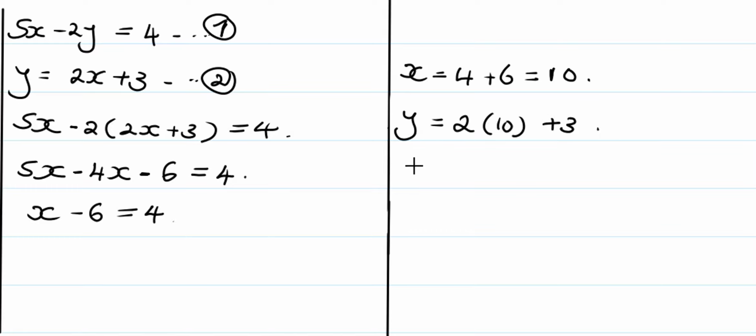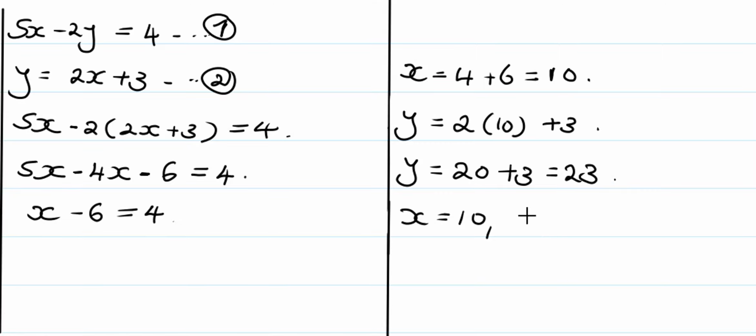So now it becomes y is equals to 2 multiplied by 10, which is 20, plus 3, which is 23. So now our x is 10 and our y is 23. And that becomes the solution for question 3.